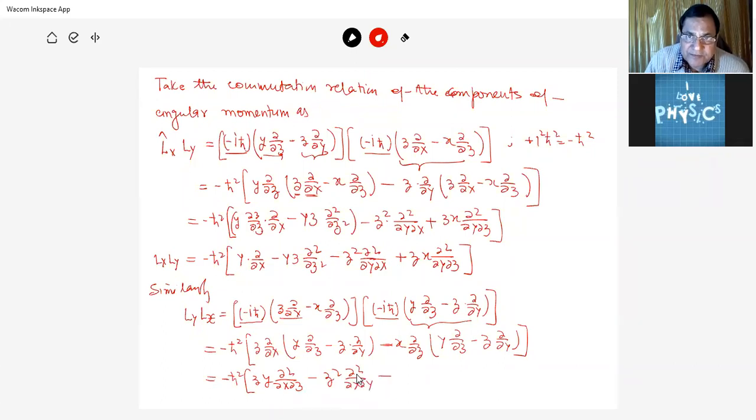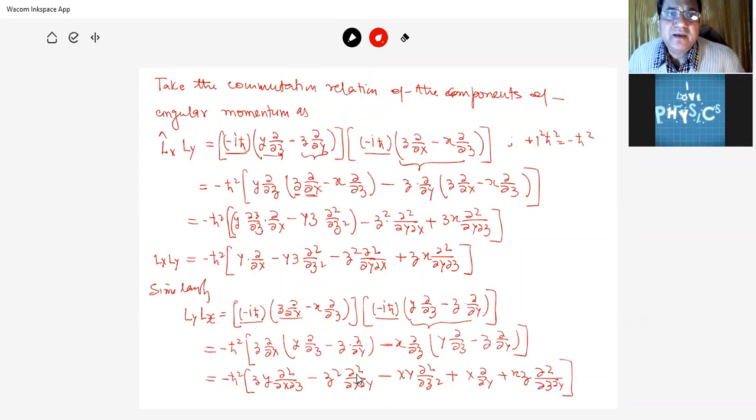Here it is minus xy ∂²/∂z², and then here it is minus minus plus, this is plus x ∂/∂z is 1 ∂/∂y, minus plus xz ∂²/∂z∂y.